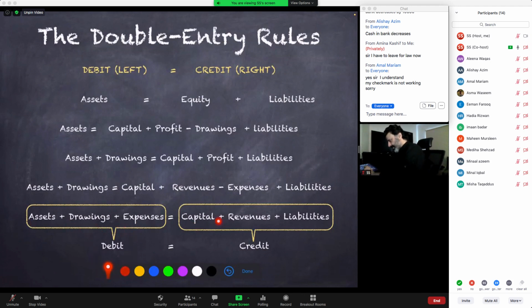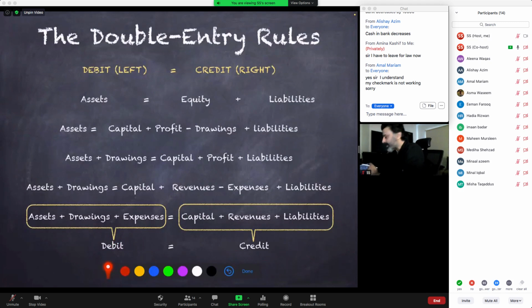And capital, revenues, and liabilities, they exist on the right hand side of the equation. We will refer to them as carrying a credit nature by default. So an asset has a debit nature by default, capital has a credit nature by default, right? Drawings and expenses, they do have debit nature by default, and revenues and liabilities on the other side, they will have a credit nature by default.